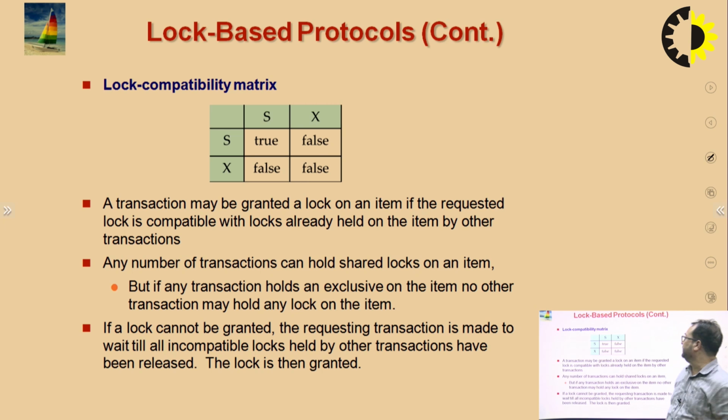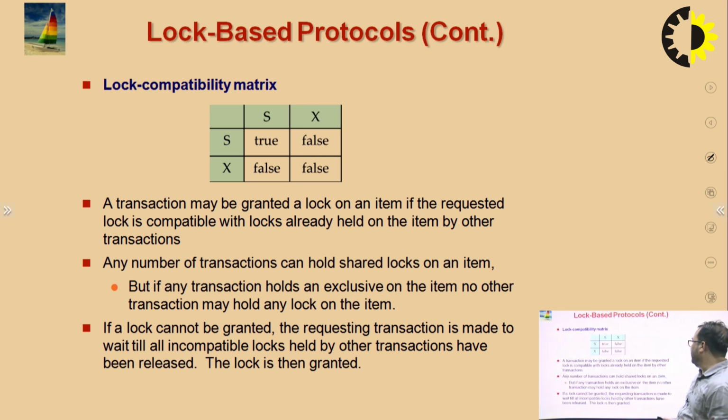Let me explore some more points about the different types of lock. We have the lock compatibility matrix. If a previous transaction is already locking some data item, whether a new transaction could lock that data item or not. A transaction may be granted a lock on an item if the requested lock is compatible with locks already held on the item by another transaction.